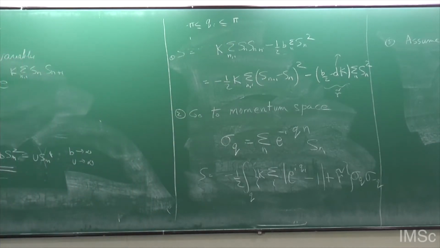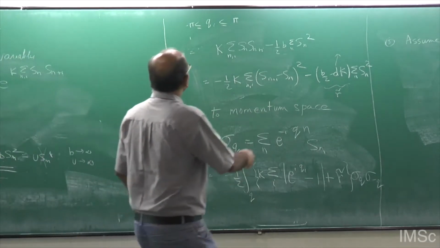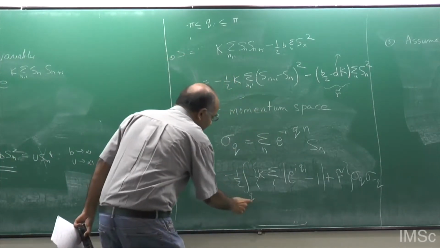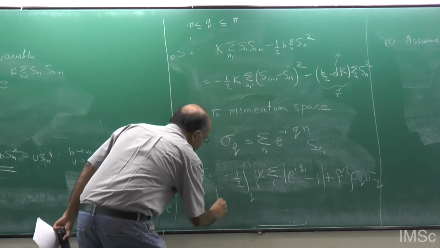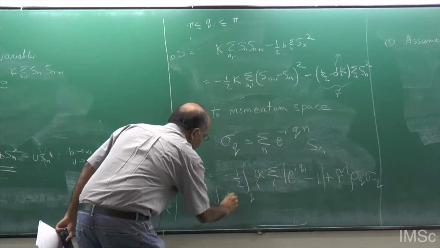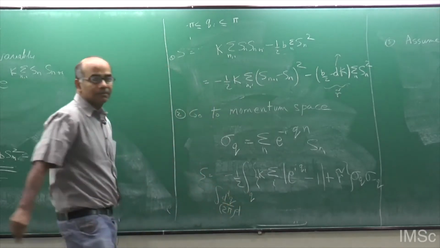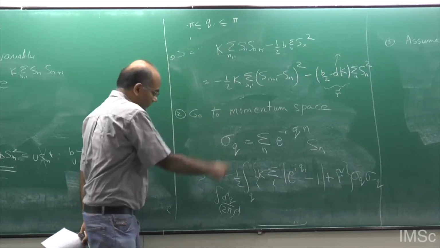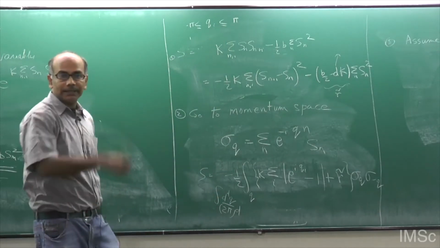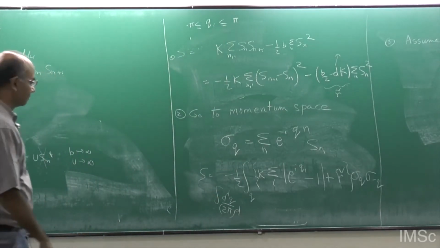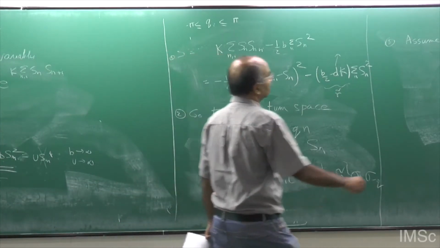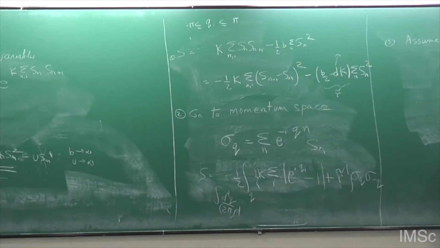That's a number. And actually we will simplify this, and the range of integration is d^d q by (2 pi)^d. That's what this means. Where Q is this range. Each of the Q's are in that range, minus pi to pi. Okay? So I should write each one goes from minus pi to pi.